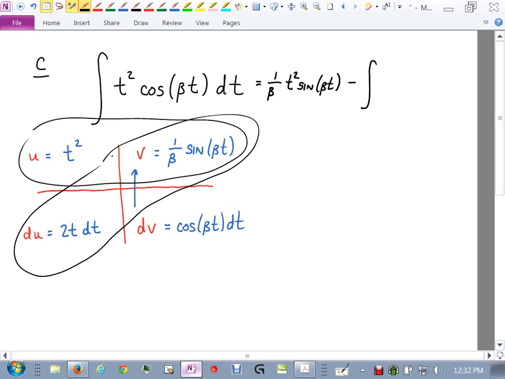Voodoo, I multiply these two together, right? So I have, how about 2 over beta times t times sine beta t dt. Would anybody mind if I pulled a 2 over beta out right now? Out of the integral? Does anybody have a question as to what I just did, pulling the 2 over beta out?